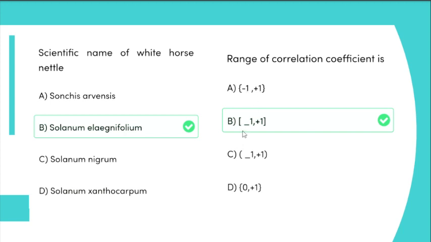This is the square bracket, which represents that the value ranges from -1 to +1. This is the parenthesis bracket, which represents the number is between -1 and +1, but not including -1 and +1. This is also a flower bracket, so 0 to +1, but here the option -1 to +1 is correct.